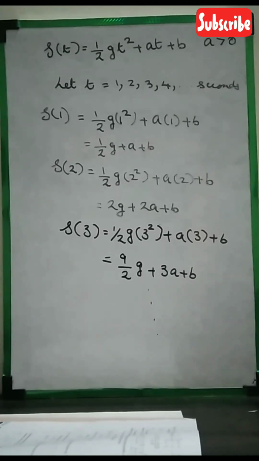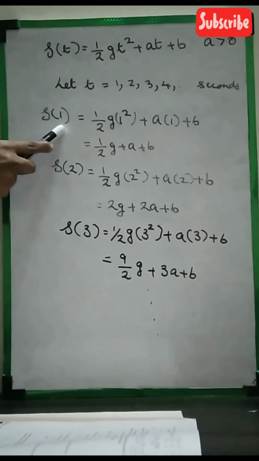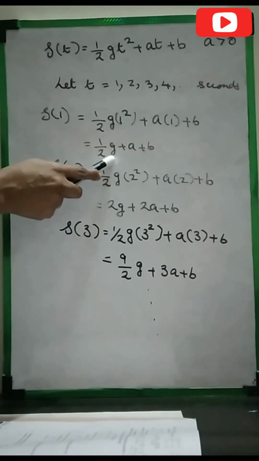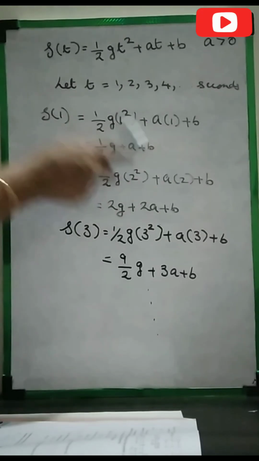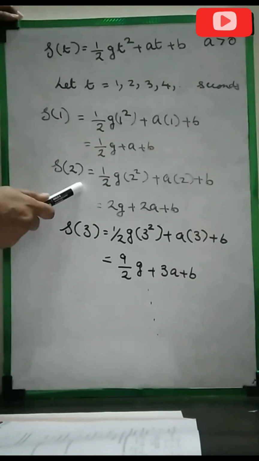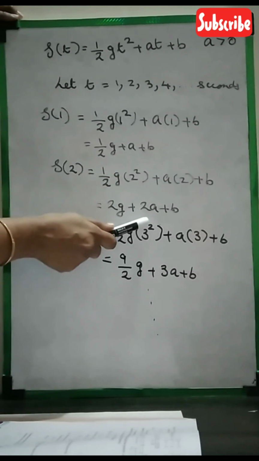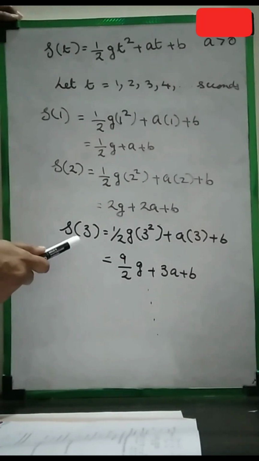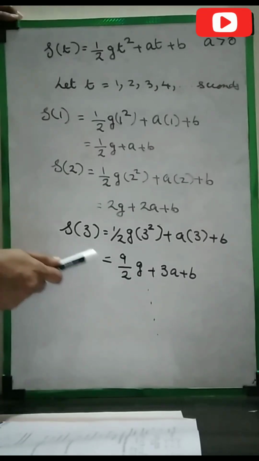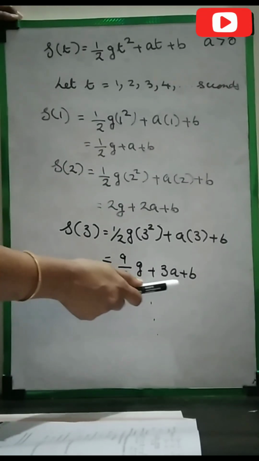When time is 1 second, our distance is 1 by 2 g plus a plus b. Similarly, when time is 2 seconds, our distance is 2g plus 2a plus b. When our time is 3 seconds, it is 9 by 2 g plus 3a plus b.